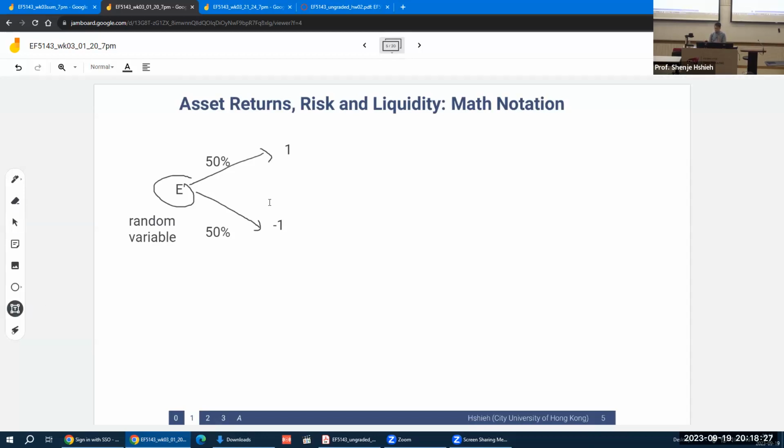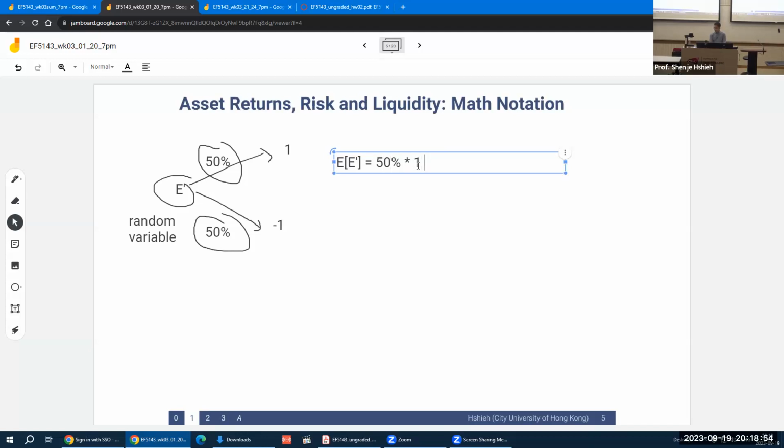So in the scenario in which I know exactly how E can evolve, I can calculate an average. We use this notation in statistics and also economics. The expected value of E is simply the weighted average of the likelihood of those states: 50% times 1, plus 50% times -1.